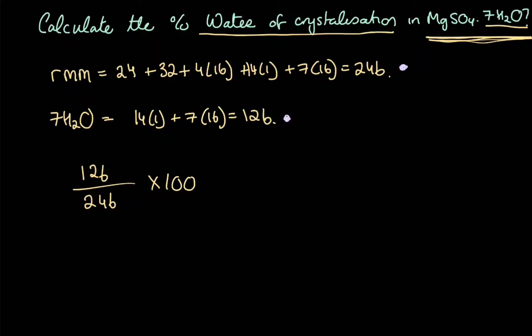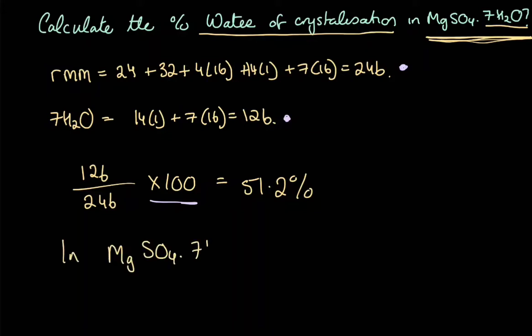For the percentage, we just need to multiply it by 100 to convert the fraction into a percentage. And you'll get 51.2%, which means that in this compound here, which is Epsom salt, the magnesium sulfate with the water of crystallization attached, there is 51.2% water present.